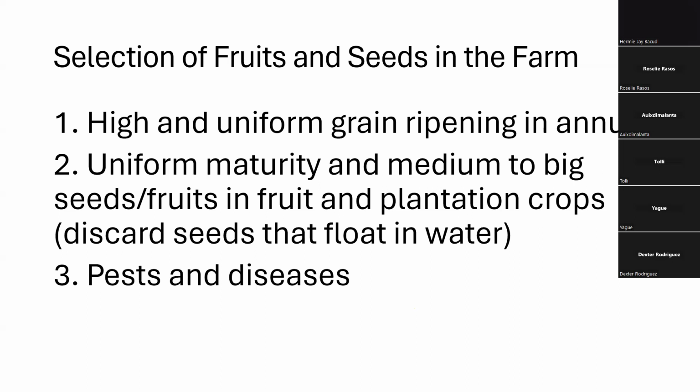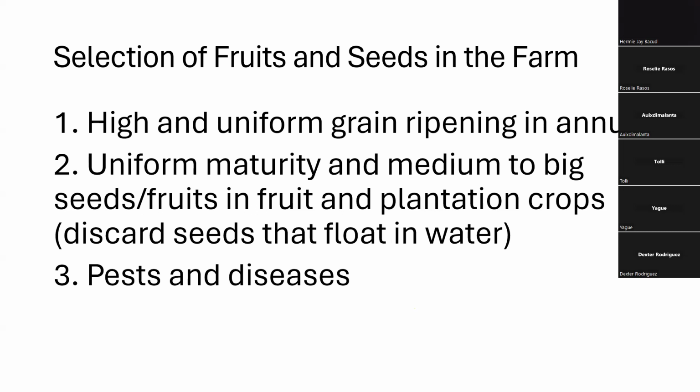Then of course, in budding and grafting, we must consider the quality of our rootstock and scion, and of course, their compatibility. So of course, kapag pumili tayo ng rootstock, we must choose yung may mga desirable characteristics such as vigor, yung health ng rootstock, then yung disease resistance nito, and its adaptation to different or certain soil conditions.